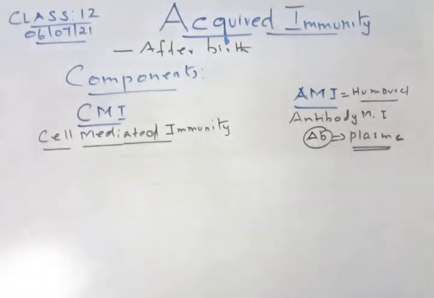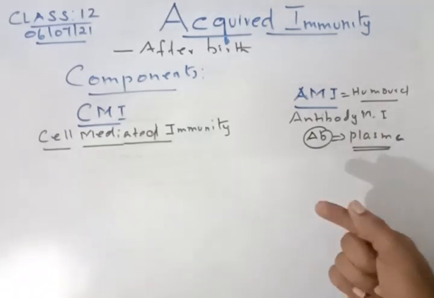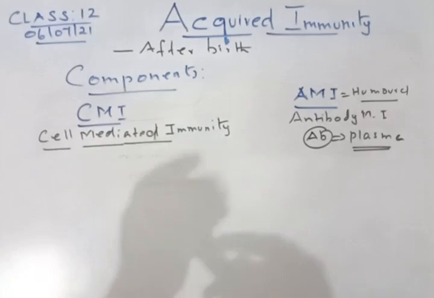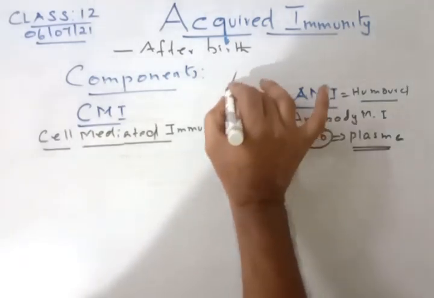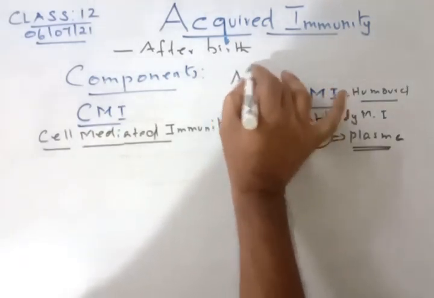Understand, right? So now there are 2 types of acquired immunity. One is cell mediated. Cell mediated means that with the help of cells an antigen is destroyed. Whereas in antibody mediated immunity, with the help of antibodies the antigen is destroyed. Our aim is to destroy this antigen.